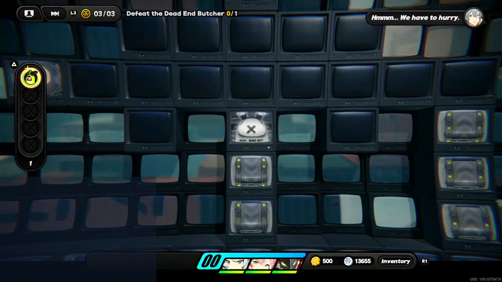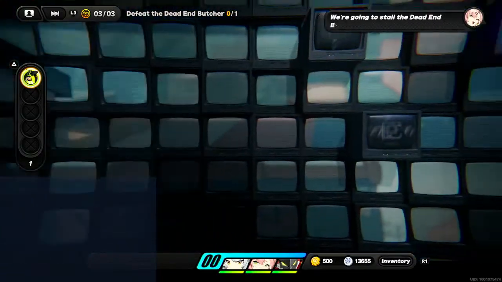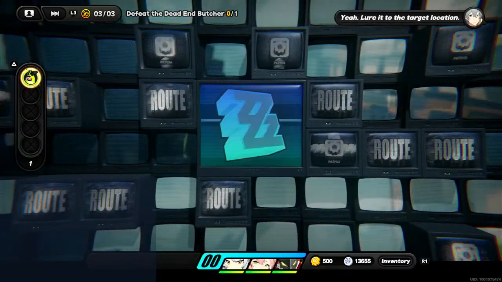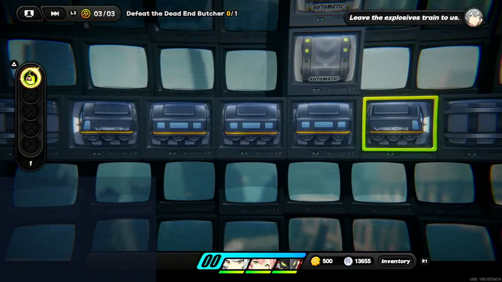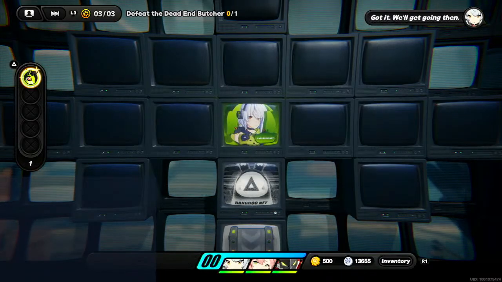We have to hurry. Split into 2 groups and carry out the original plan. We're going to stall the dead-end butcher, right? Yeah, lure it to the target location. Leave the explosives train to us. Got it. We'll get going then.